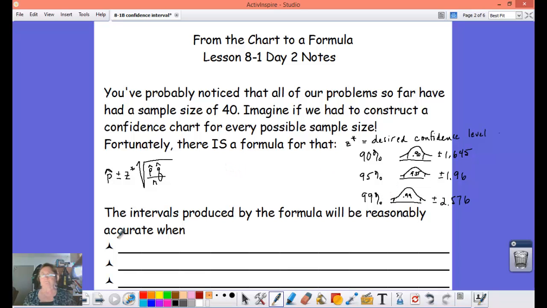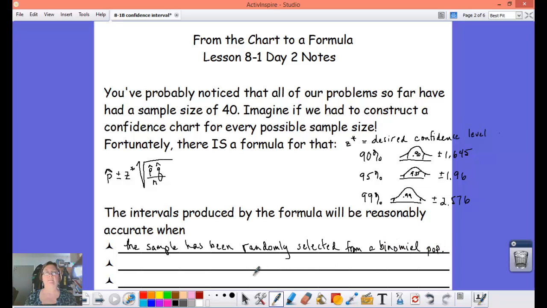These intervals will be reasonably accurate if the sample has been randomly selected. That's always going to be important to us. From a binomial, that's a yes or no, a success or fail, a two outcome. So randomly selected from a binomial population.